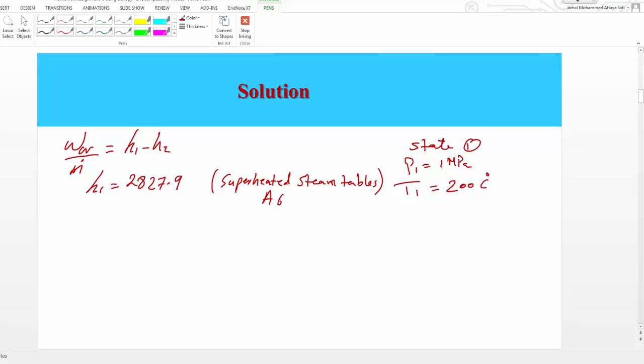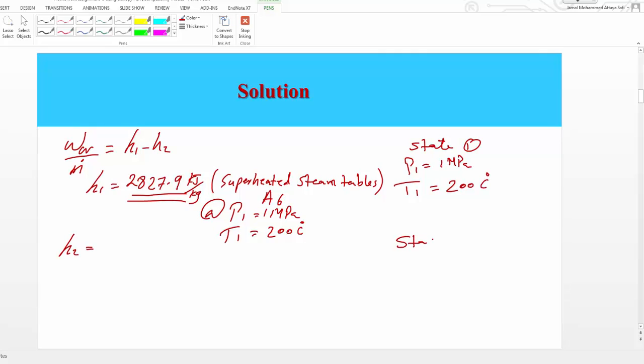It's A6 in your book at P1 equal 1 megapascal and T1 is 200 centigrade. If you do so, you can read H1 as 2827.9 kilojoule per kilogram. Okay, that's H1. Now H2, what do we know about state 2?